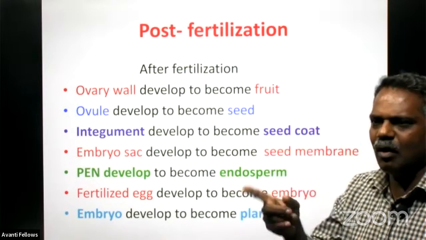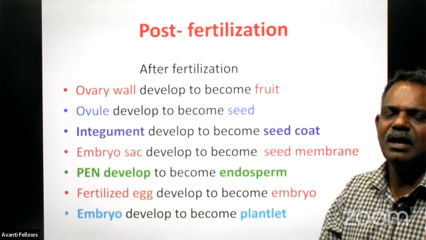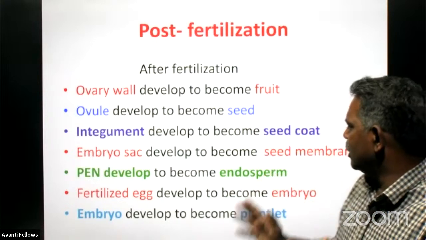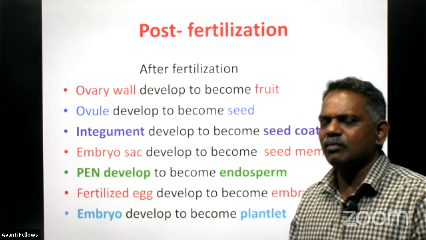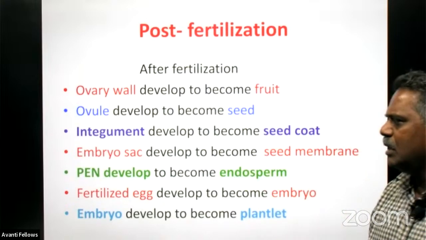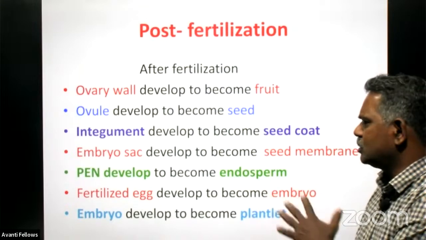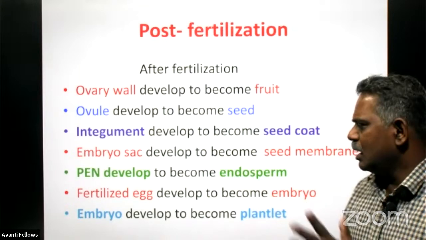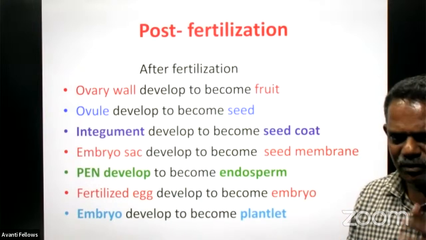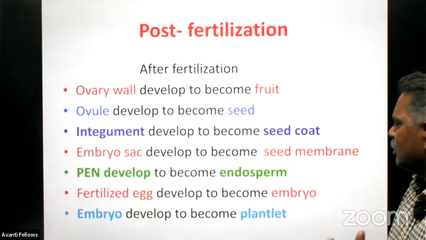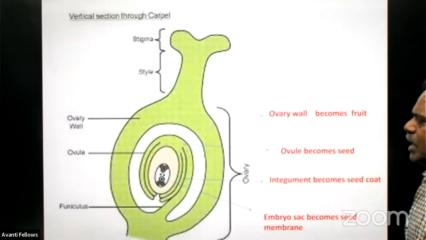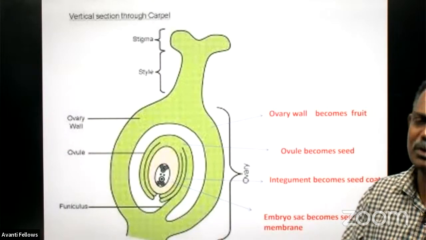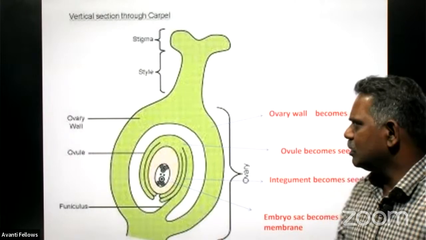Inside the ovule, the embryo sac is there, and this embryo sac develops to become the seed membrane. Then, as I told you, the product of triple fusion, PEN, the primary endosperm nucleus, develops to become the endosperm, and the product of syngamy, the fertilized egg, develops to become the embryo, and later the embryo develops to become the plantlet after consuming the food stored in the cotyledon, right?